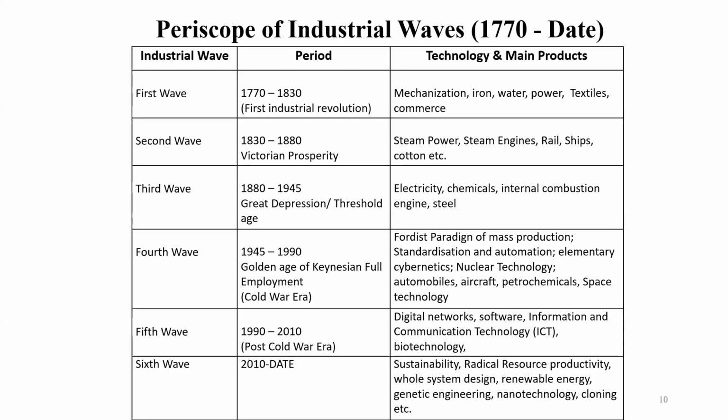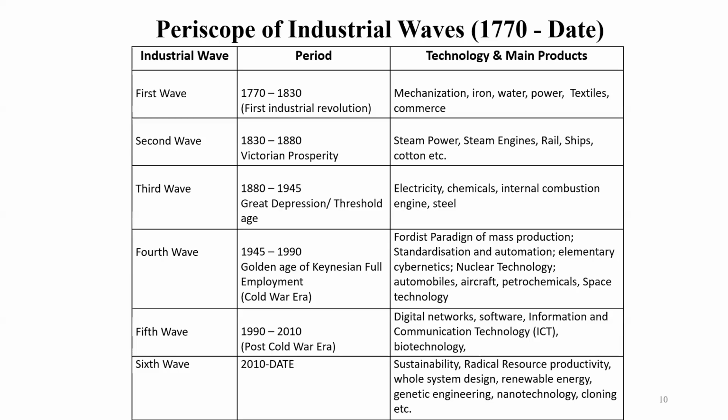But on the other hand, we can talk in terms of industrial wave, which further breaks it down to more compact description of the industrial revolution occasioned by technology. So we look at the first wave of industrial revolution, which came around 1770 to 1830.